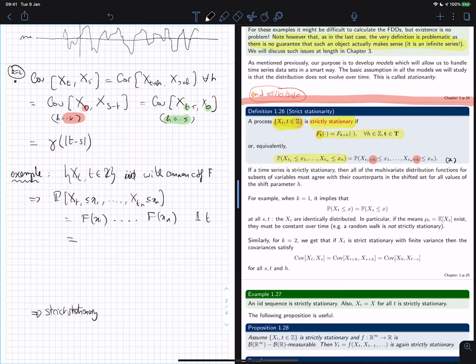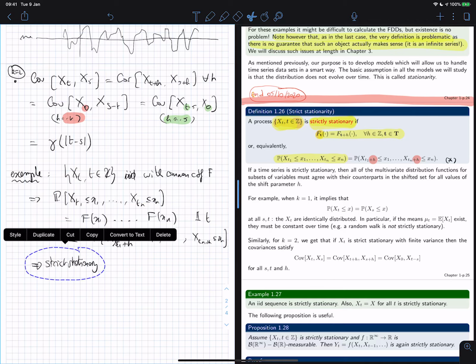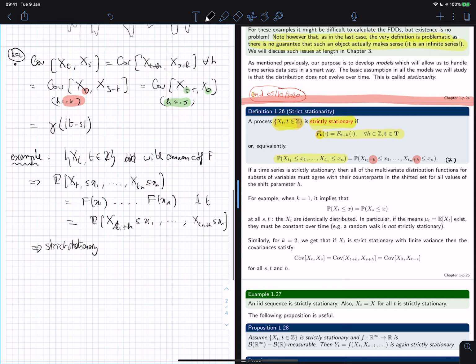So this is the same thing as this. I think I'm doing some overkill here. It's obvious. If you have an IID sequence, then it necessarily is strictly stationary.